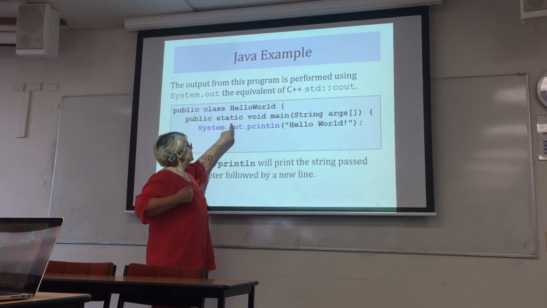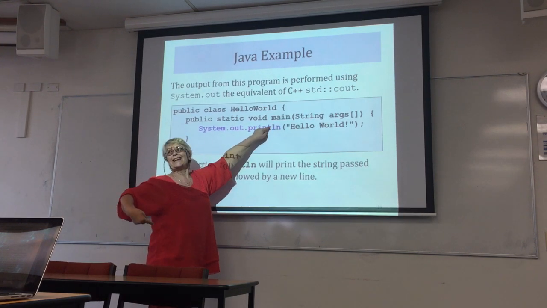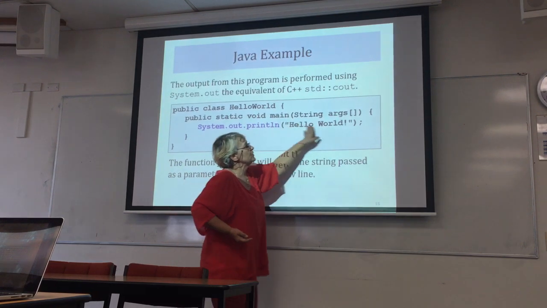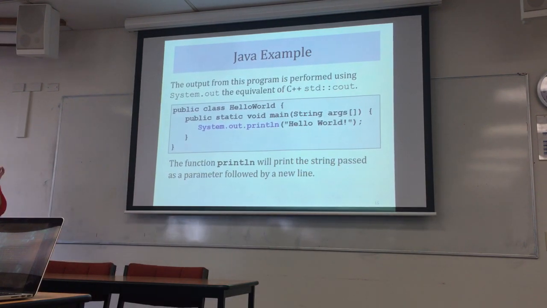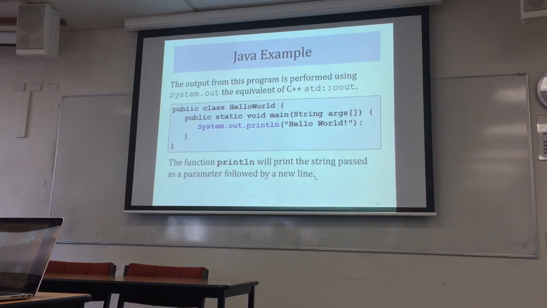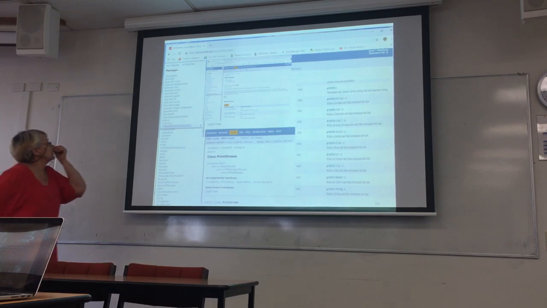You can use print without changing the line at the end. With println, you display whatever is there and change the line, so you have everything displayed on individual lines.